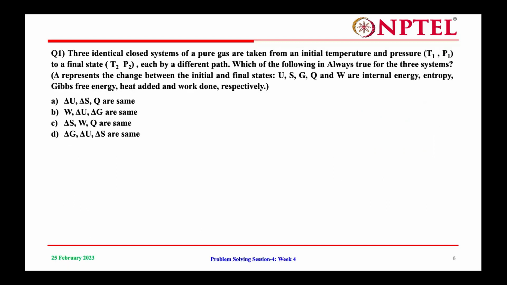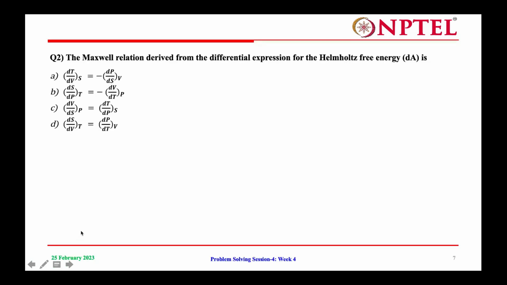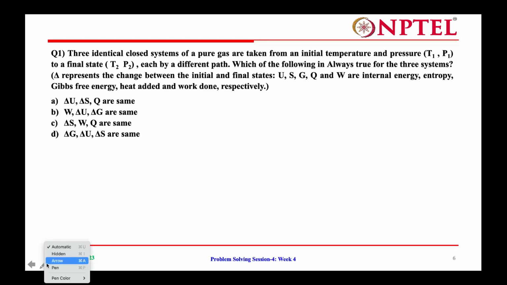So now we'll see some problems based on the thermodynamic properties and Maxwell equations. Starting with the first one: three identical closed systems of pure gas are taken from an initial temperature and pressure T1, P1 to the final state T2, P2, each by a different path.